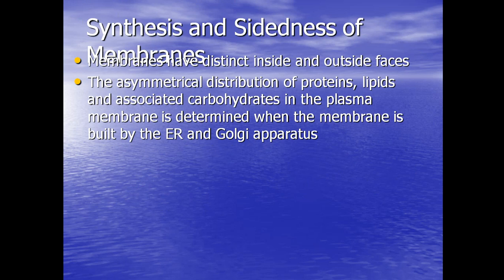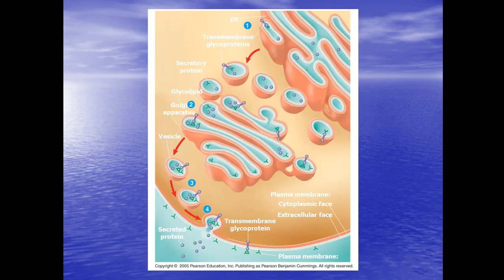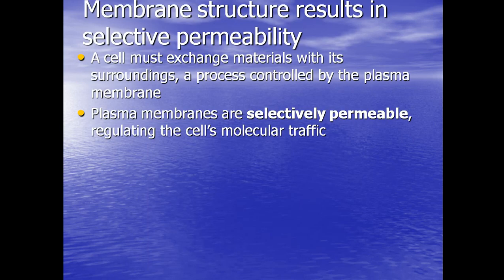So this is very important, providing uniqueness to each of these cells. The plasma membranes are synthesized from the endoplasmic reticulum and Golgi apparatus. During that time only, there will be an asymmetrical distribution of the protein, lipid, and associated carbohydrate, which makes each plasma membrane unique and helps in identifying. This is how the plasma membrane is produced.